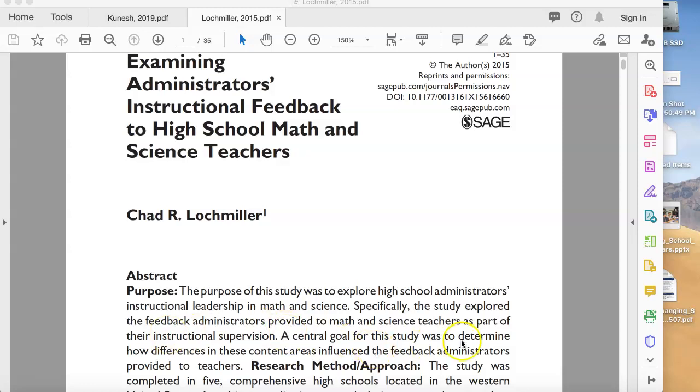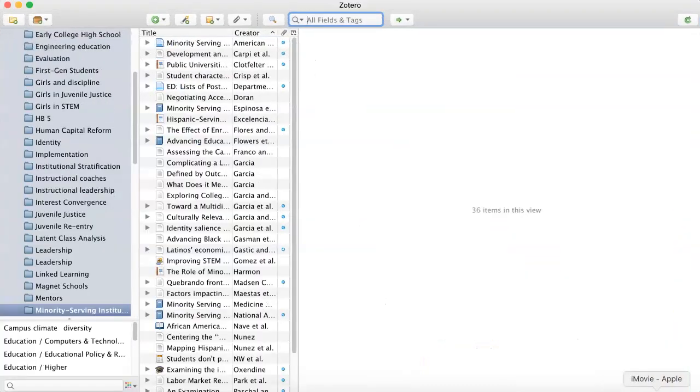The first thing that I want to talk to you about is this software called Zotero. Zotero is similar to EndNote. There's other software probably out there that does similar tasks. Zotero is a reference organizer.